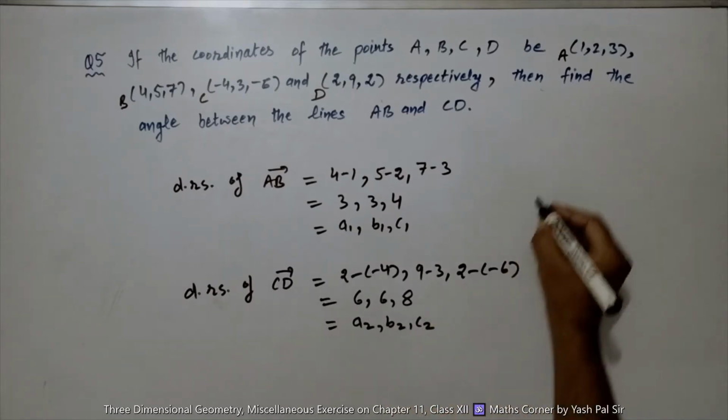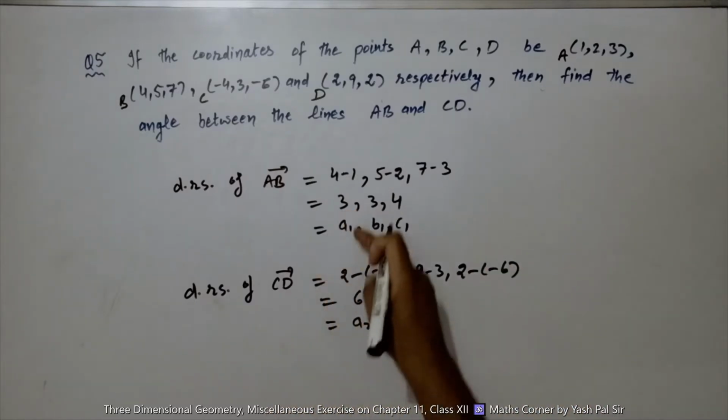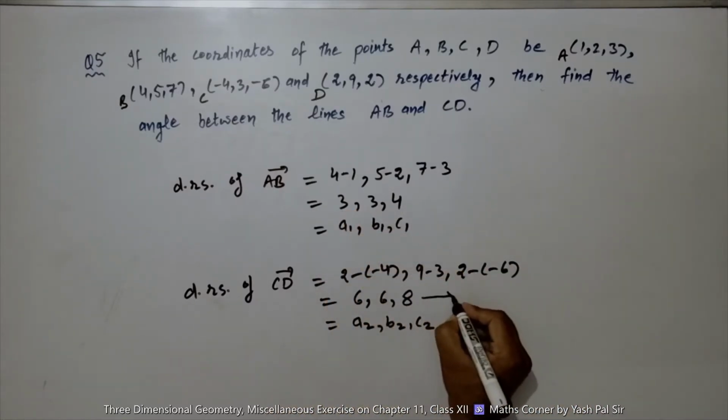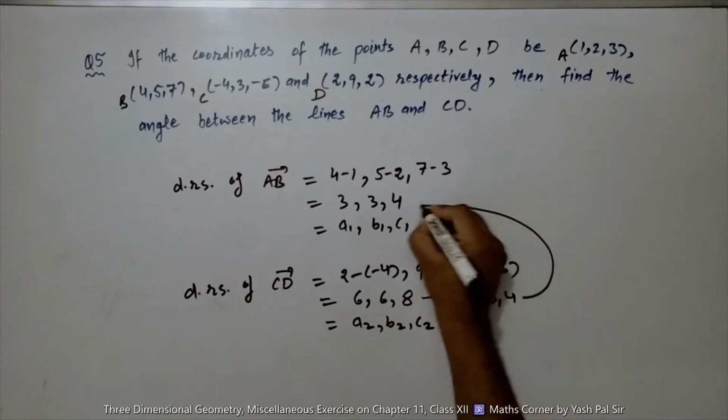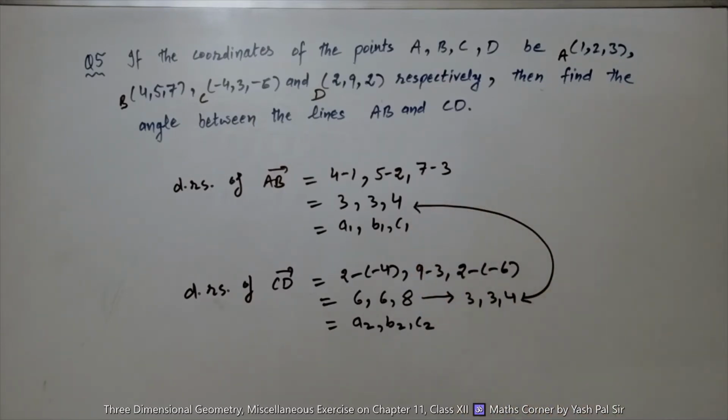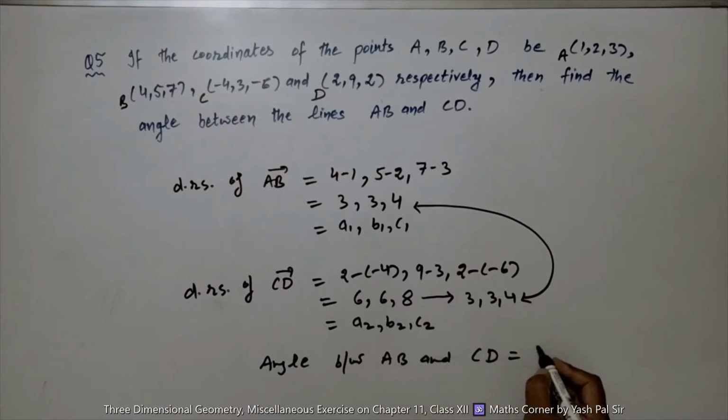Here what we see, direction ratios are proportional. If we take 2 common, they become 3, 3, 4. So they are same. What we can say, direction ratios of AB are proportional to direction ratios of CD. So the angle between AB and CD is equal to 0 degree. These two lines are parallel to each other.